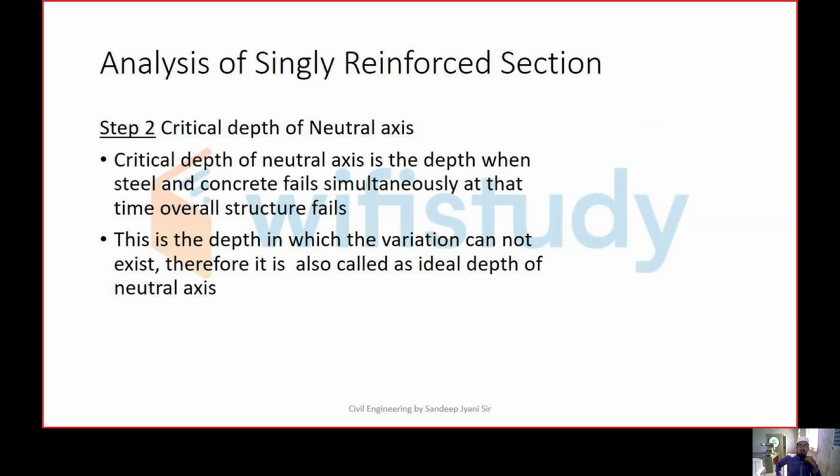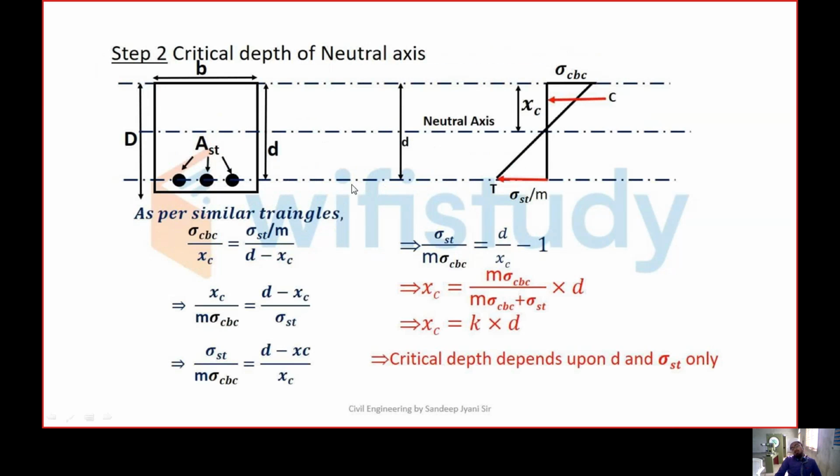So the critical depth of neutral axis is also the ideal depth of neutral axis. Here variation cannot exist. In the actual depth of neutral axis, variation can exist, but in the critical depth of neutral axis, variation cannot be seen. So how are we going to calculate this critical depth? Here the derivation is given. First of all, using this stress diagram we will adopt the properties of similar triangles.